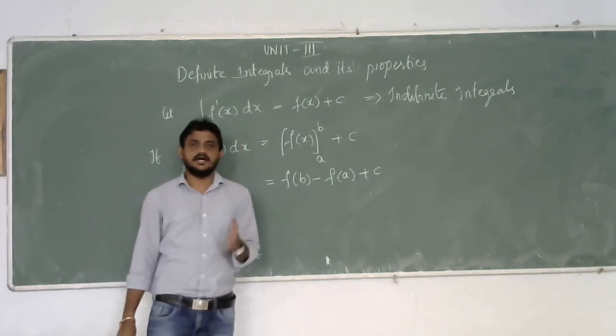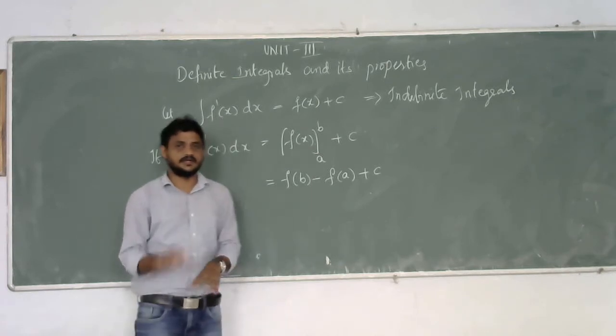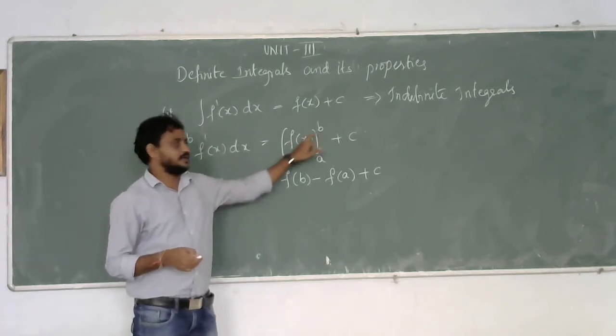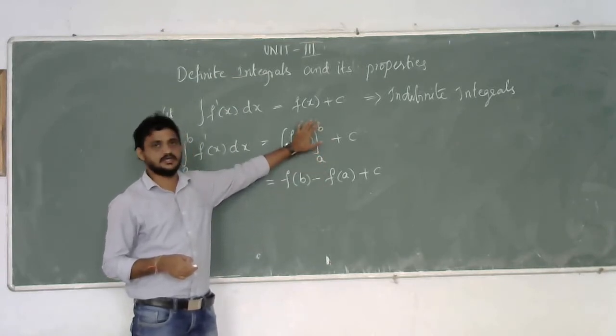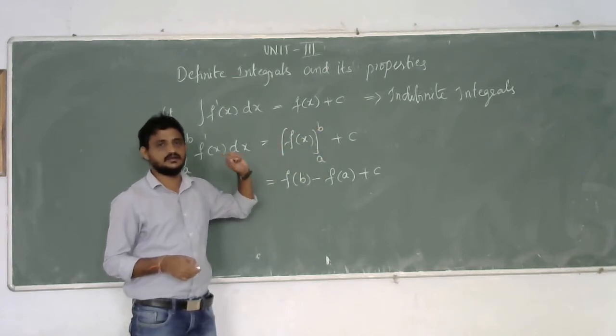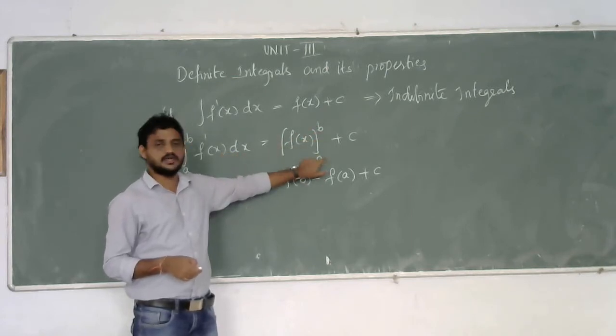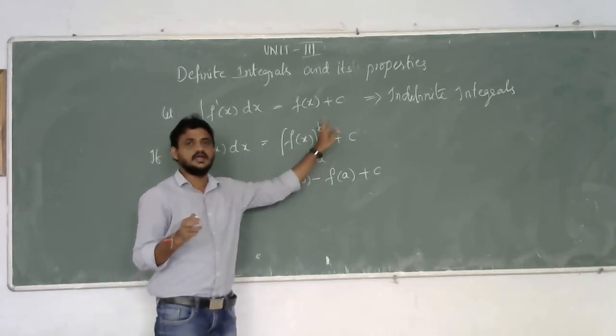First we have to apply upper limit minus lower limit. Remember this. In place of the variable, we have to substitute these two limits, the lower limit and the upper limit.